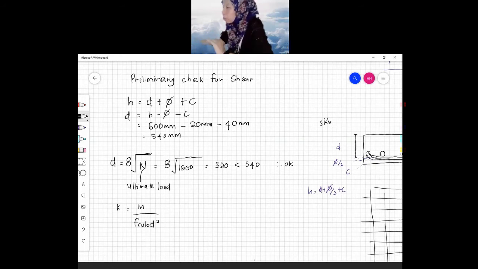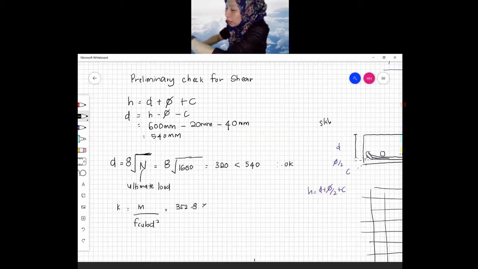Kita just nak design for area of steel. Okay. So K is equal to M. So M here, kita tak ada pakai formula yang wl square tu. So M here, you use the Myy. So our Myy is 352.8 times 10 power of 6 Newton millimeter.